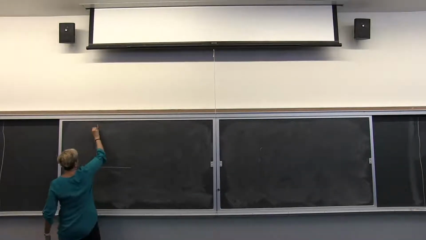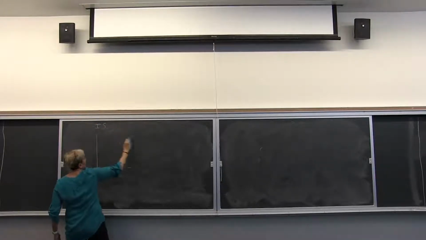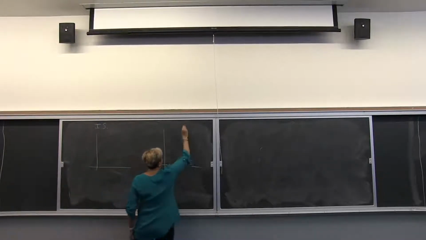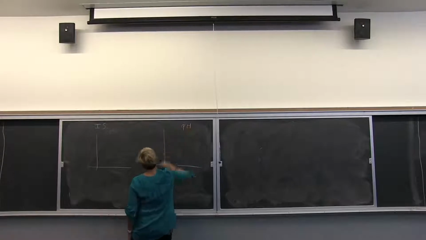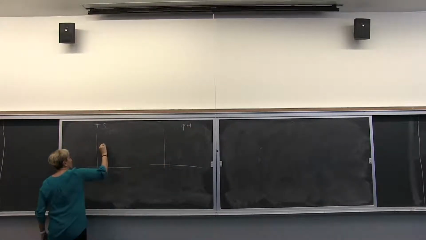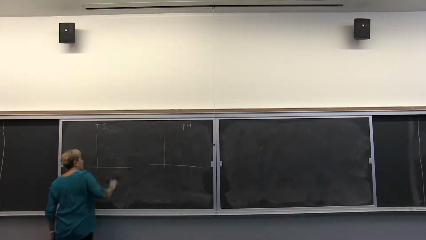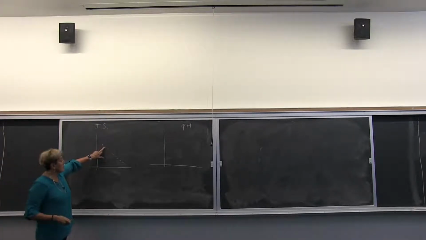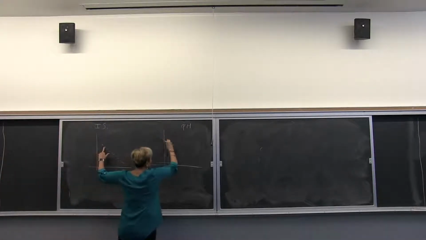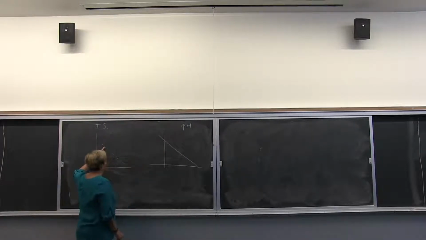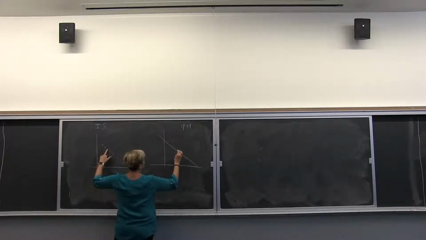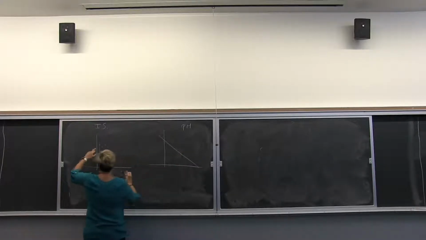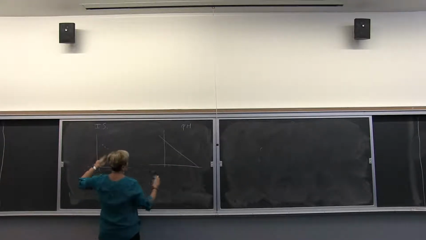So if this is the image space, and this is the parameter space, and I have these points that have been found using an edge detector, each of these points will give me a line here, right? And all of these points agree on a particular slope and intercept. In this case, this line has a negative slope.